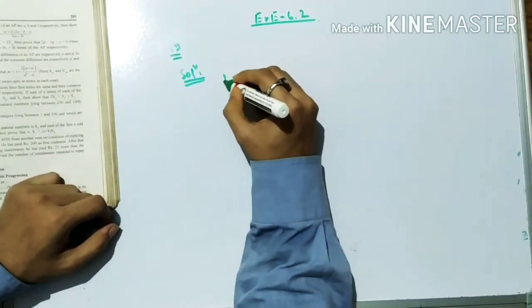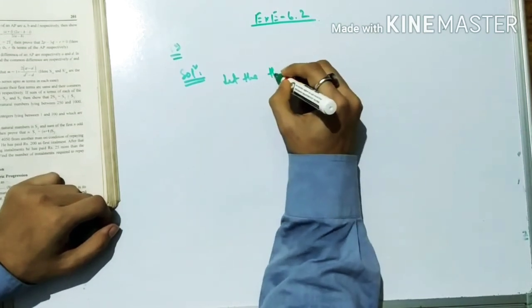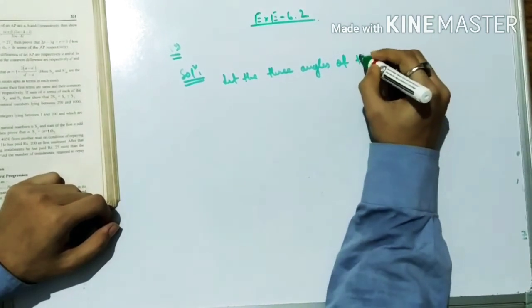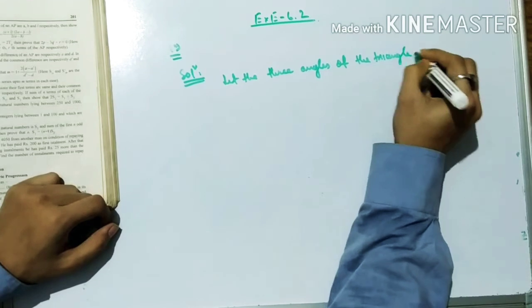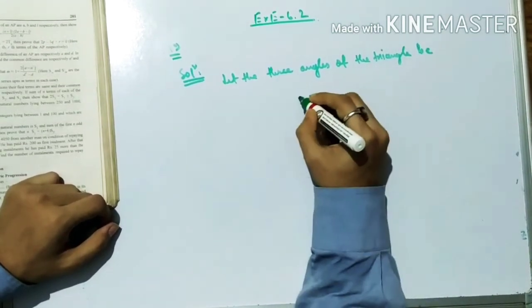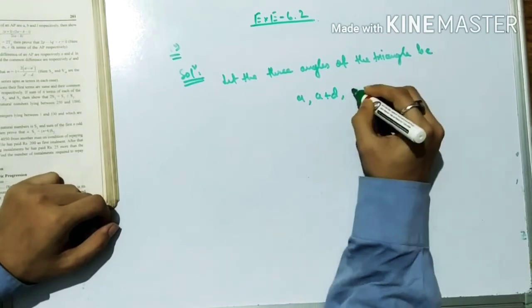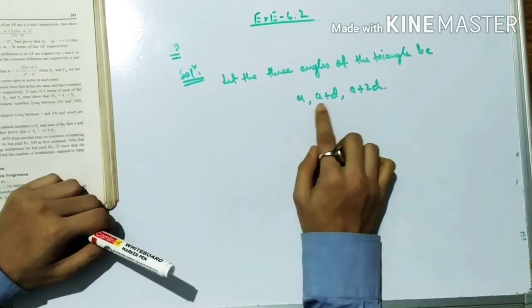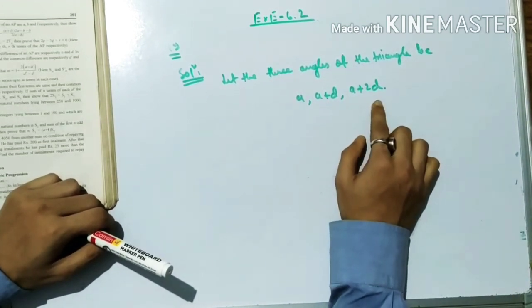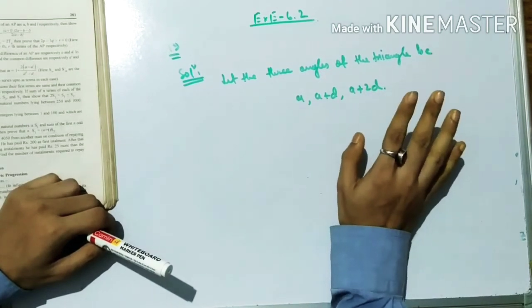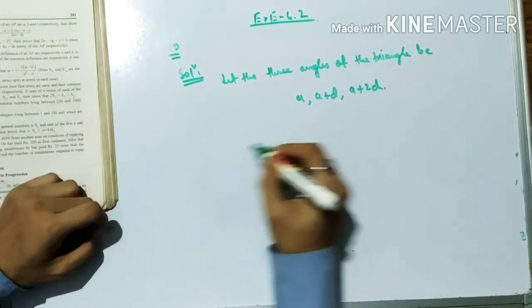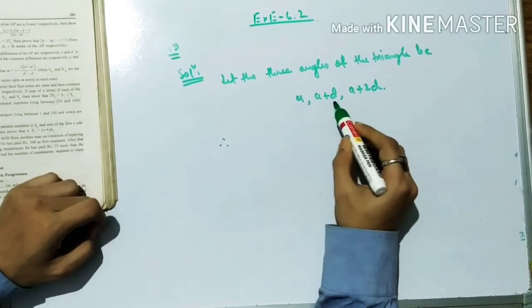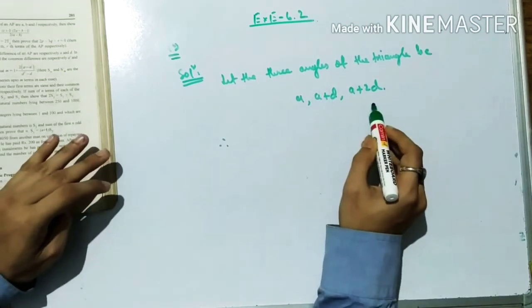Let the three angles of the triangle be A, A plus D, A plus twice D. These three angles are in arithmetic progression.